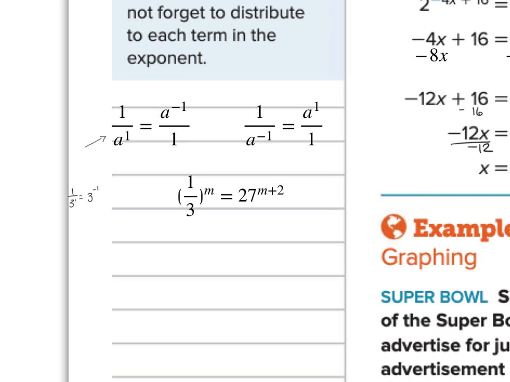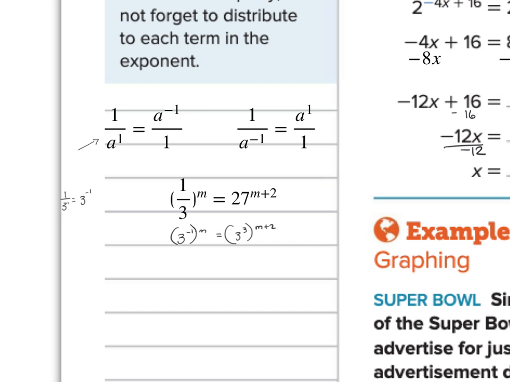So this can be rewritten as 3 to the negative 1 times m is equal to, because that's my exponent, 3 to the third times m plus 2. So I have like bases. So I have negative 1 times m is equal to 3 times m plus 2. And that's what I take, my exponents, make them equal and solve.